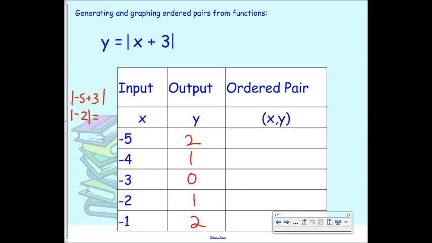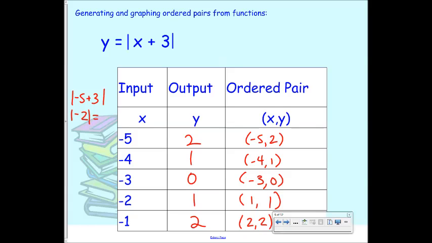Very good. Okay, so my ordered pairs are negative 5, 2, negative 4, 1, negative 3, 0, negative 1, 1, and... nope, oh my gosh, 1, 1, and 2, 2.